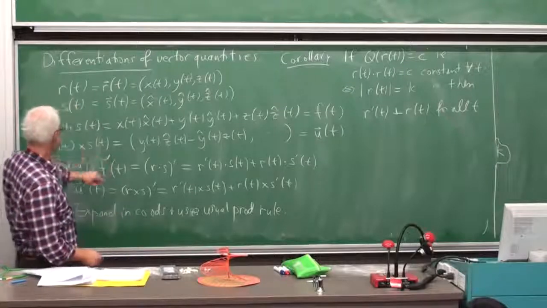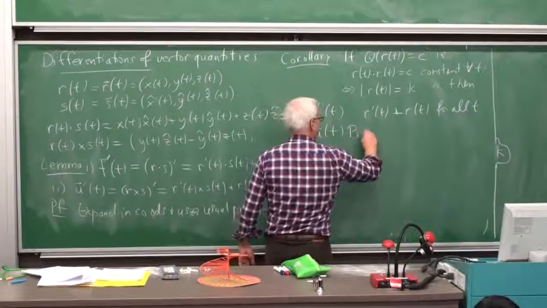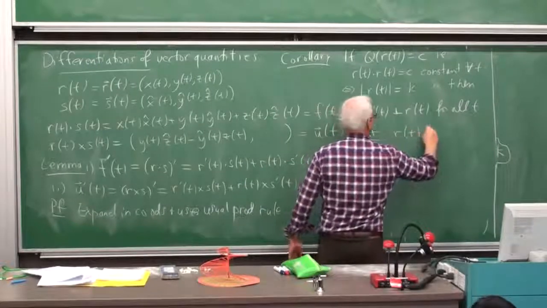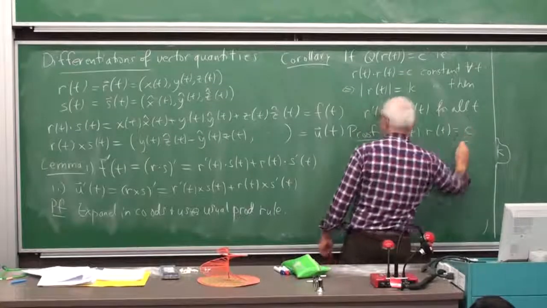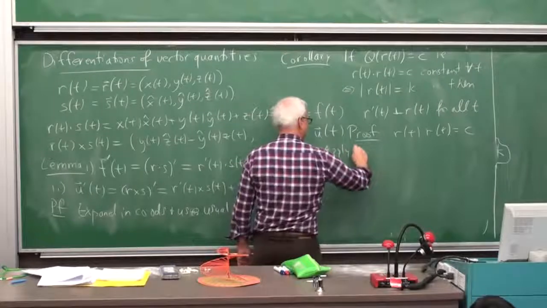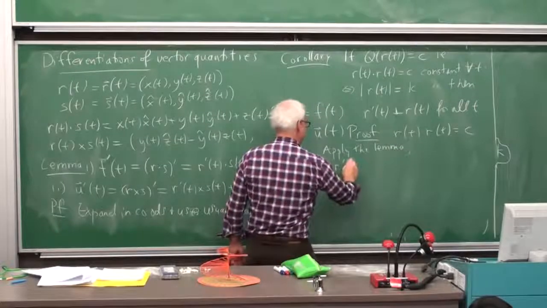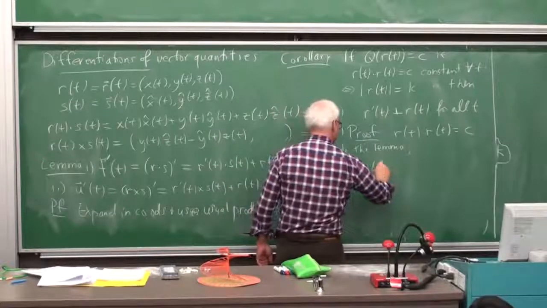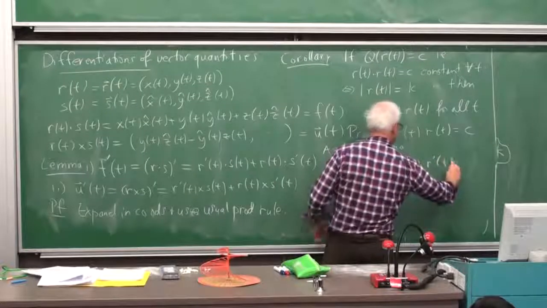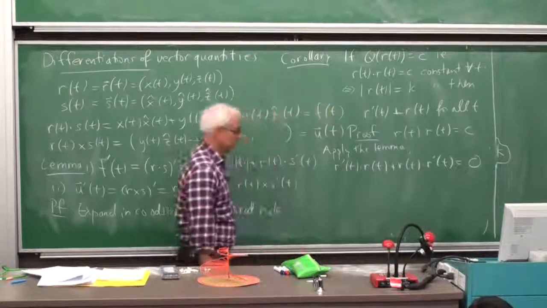And the proof is an immediate consequence of this first formula. We just take the equation r of t dot r of t equals c and apply this formula. So we apply the lemma and we get that r prime of t dot r of t plus r of t dot r prime of t equals the derivative of c, which is 0 because it's a constant.